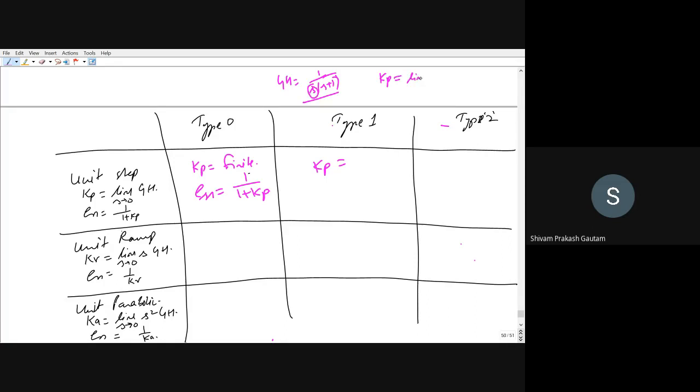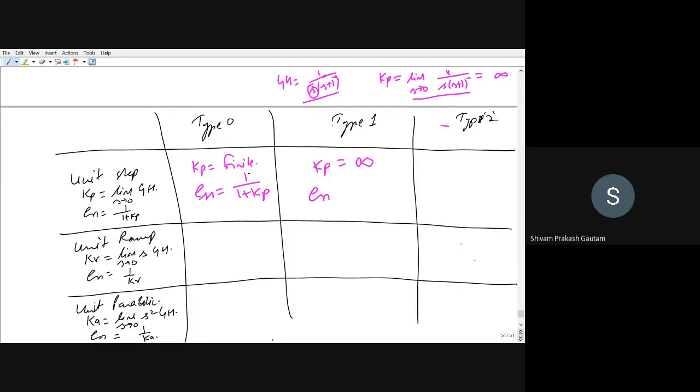Kp will be equal to limit s tends to 0, 1 upon s into s plus 1. What will we get as Kp? If I put s equal to 0 here, 0 or infinite? Infinite. 1 by 0 is infinite. So Kp for a type 1 system will be infinite.